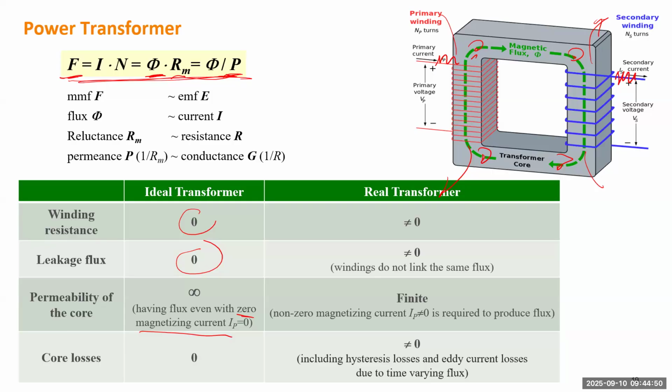So which means for the primary side, you connect that to a source to give it a little current. Even if the current is very small, that can build up the magnetic field, which is sufficient to let the transformer operate. But in a real transformer, you may need to add some minimal current. And also the core loss, there's no eddy loss with an ideal transformer. But for a real transformer, you need to model everything.